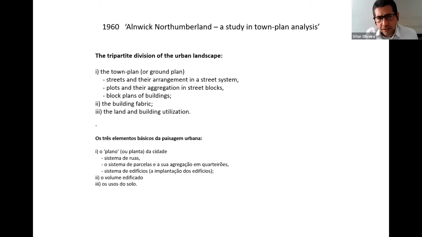So in 1960, after a long period of study of this town, back then things were slower, and some might say better than today, he finally published this very small book about the urban history of Alnwick, where he would present us some of his main ideas about cities.